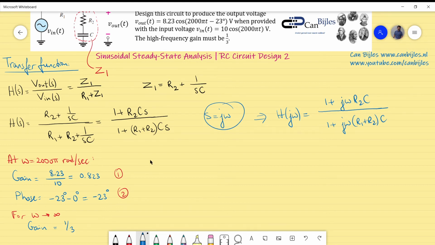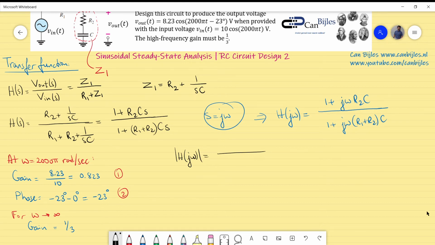What do I need to do now? Because this is a gain and it is a phase and it's also a gain, I have to use the expression for the gain and also for the phase for this transfer function. So this transfer function will result in an expression for gain and also an expression for the phase. So the expression for the gain for this H of s, the magnitude of that, will be the magnitude of the top side and the magnitude of the bottom side.